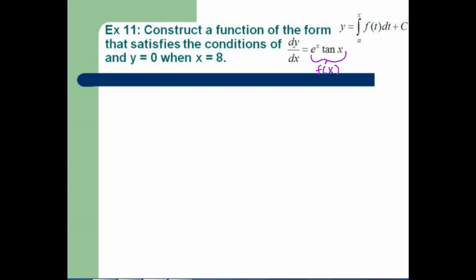So what we're going to do is transpose this into our formula here. We have y equals the integral from a to x of e to the t tan t dt. What we want to talk about is where does that 8 come into play and where does that 0 come into play?